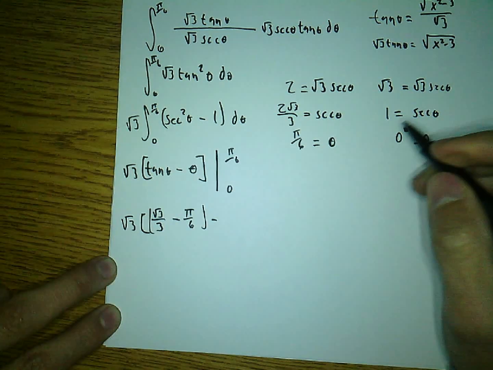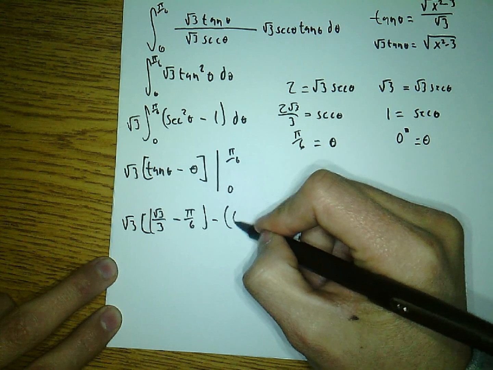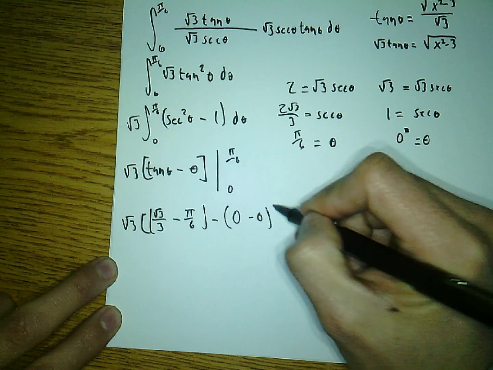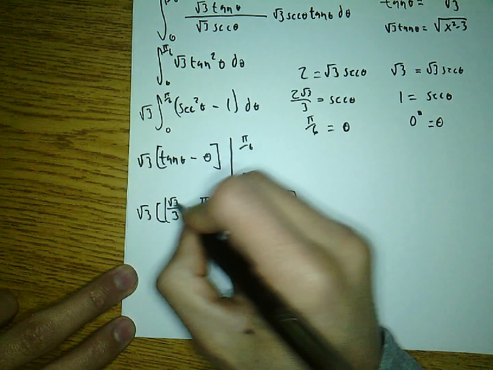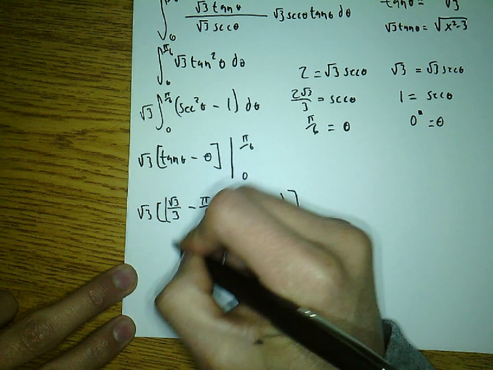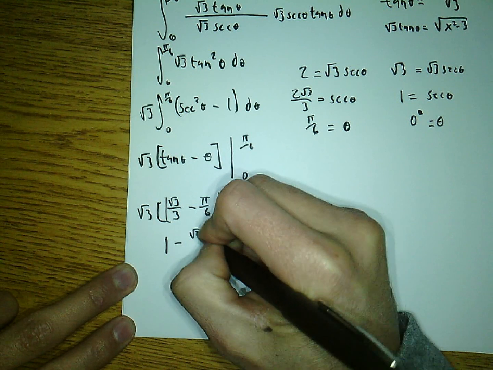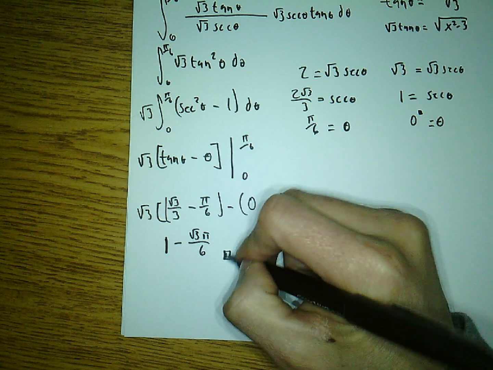Minus, what's the tangent of 0? Should just be 0. Sine over cosine. And then minus theta should be 0. Okay, so that goes away. So now I'm going to multiply this in. Root 3 times root 3 gives me 3 over 3, which gives you 1, minus root 3 pi over 6. Final answer.